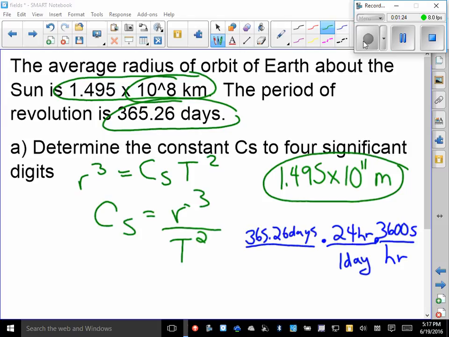So days cancel out, hours cancel out, I'm left with seconds. So I just need to take this 365.26 times 24 times 3,600. What I did not do is I did not memorize some conversion factor. I just used facts that I knew. Okay?